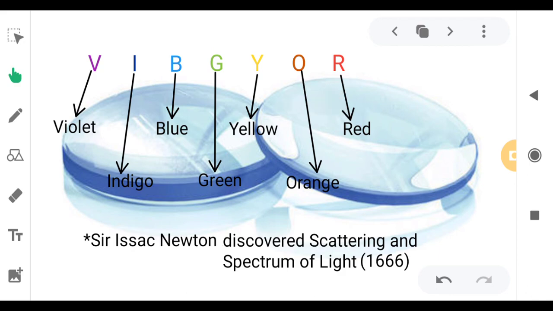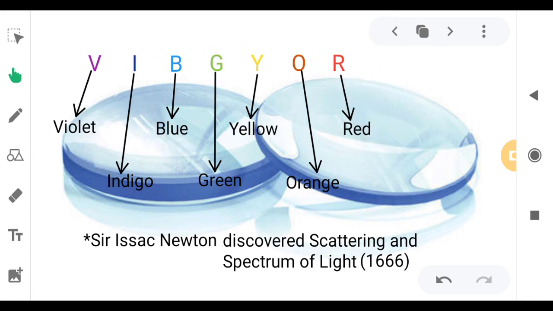The first is V for violet, second is I for indigo, third is B for blue, fourth is G for green, fifth is Y for yellow, sixth is O for orange, and seventh is R for red. So these are the 7 colors.